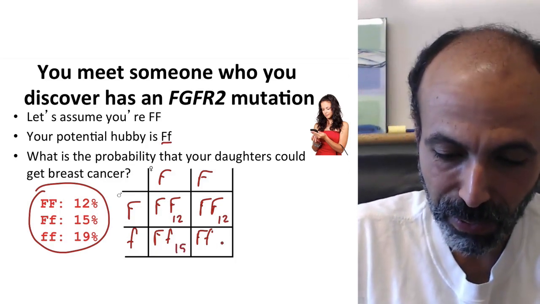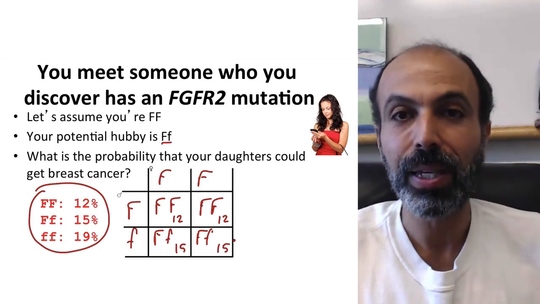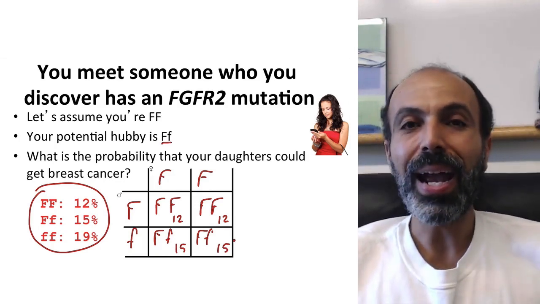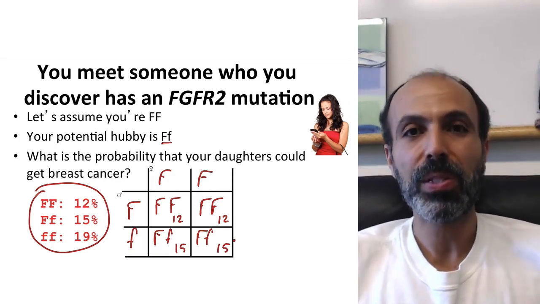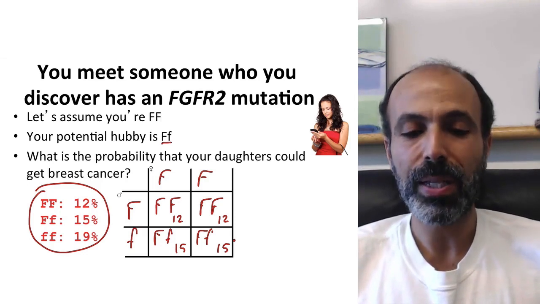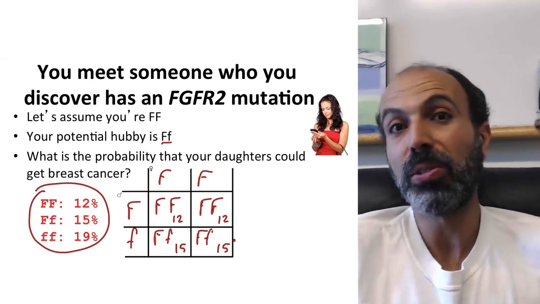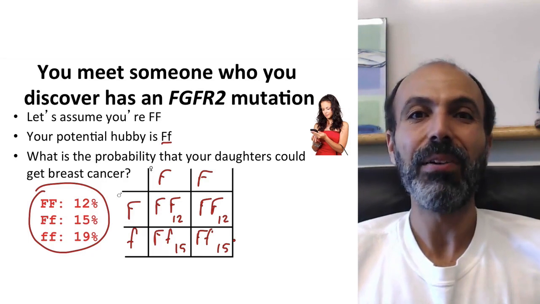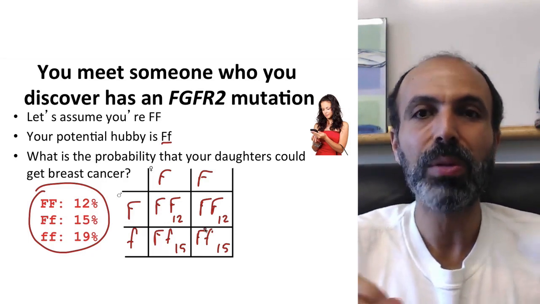These ones have a 15% chance of getting breast cancer. So on average, instead of having a 12% chance of getting breast cancer, your daughters would have about a 13.5% chance of getting breast cancer. That's averaging all four of those numbers together. So really, the guy is only increasing your odds of having daughters with breast cancer by about 1.5%.